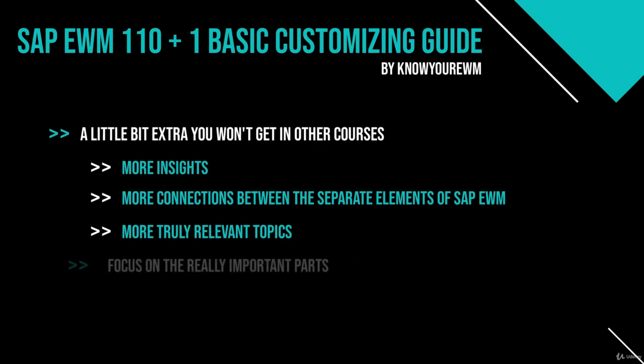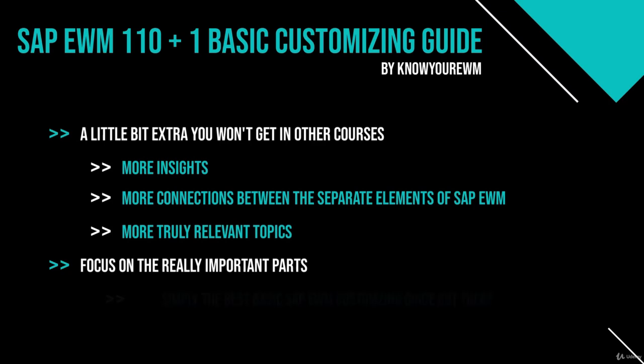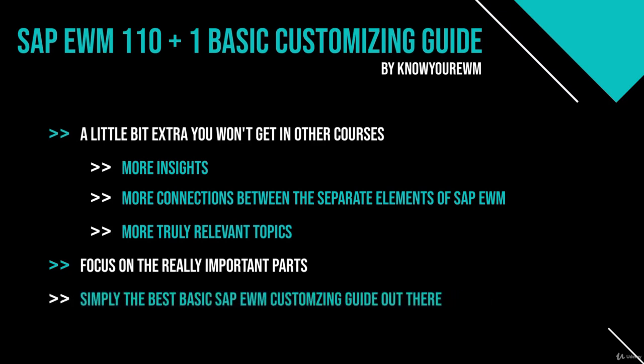We try to focus on the really important parts, how we can set them up in the EWM system, and how they influence other settings and objects in the EWM. Our goal was to provide the best basic SAP EWM customizing guide out there that enables you to truly understand how SAP EWM works and how you can set up a basic customizing yourself.